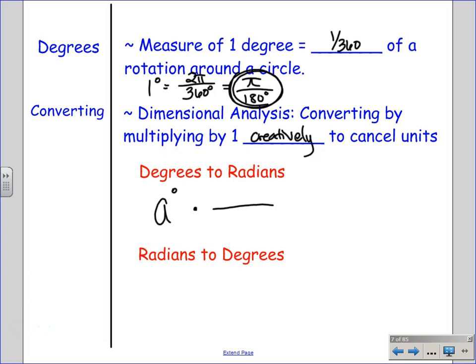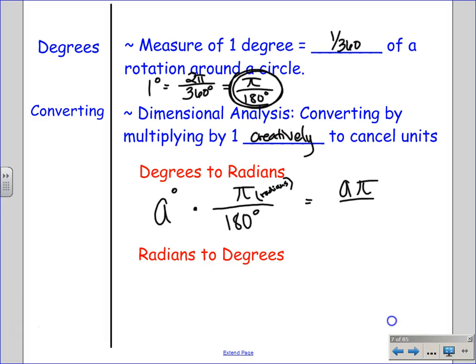Come on, make her proud. On bottom, why? I need the degrees to cancel. And what's equivalent to 180 degrees? Pi. Technically, there's a little understood radian. At this point, you go ahead and multiply, simplify the fraction if possible.